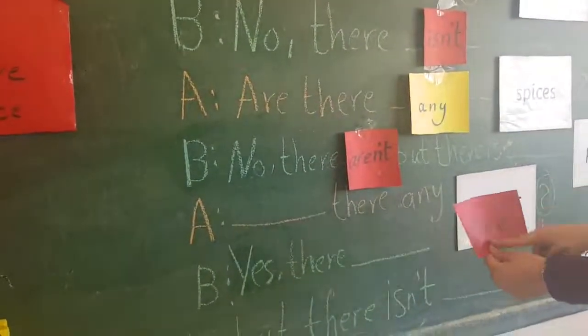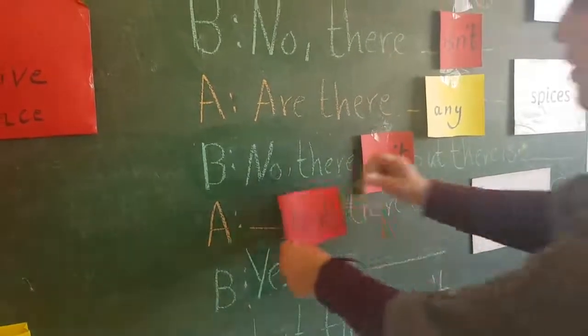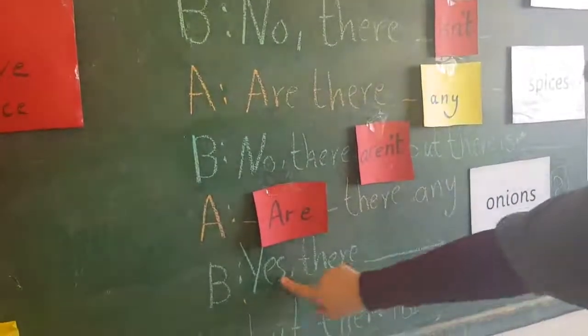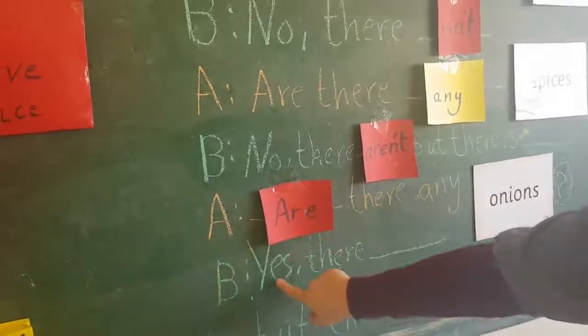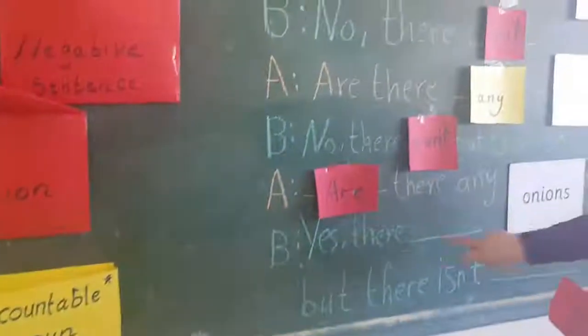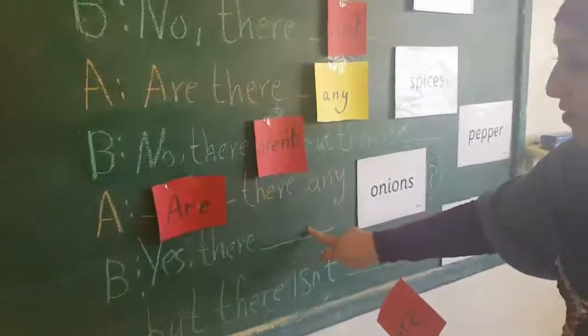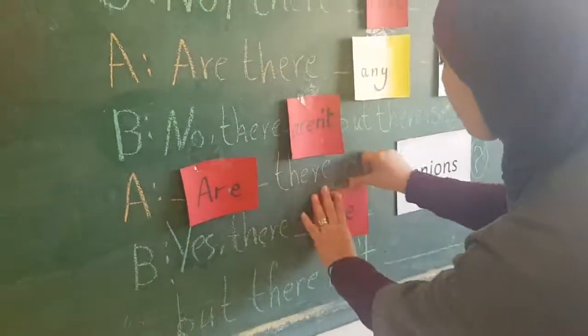So, you have to put here are. Are there any onions? Question mark. Yes, there are. Come here to countable. What is it? Are, yes. Not aren't because it's yes. Yes, there are. So you have to put here are.